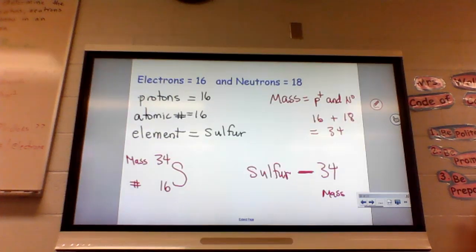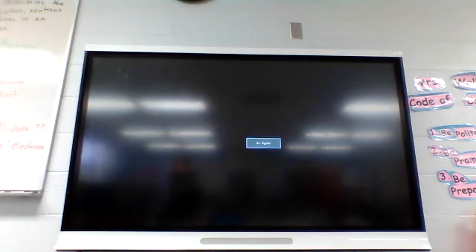Same thing. So that's gonna be 12, because that has to be the same as the atomic number. So this will have to be 12, because that's the same as your protons.